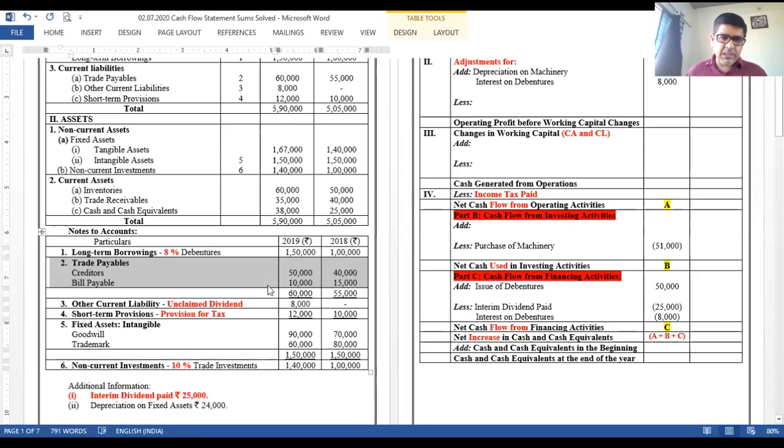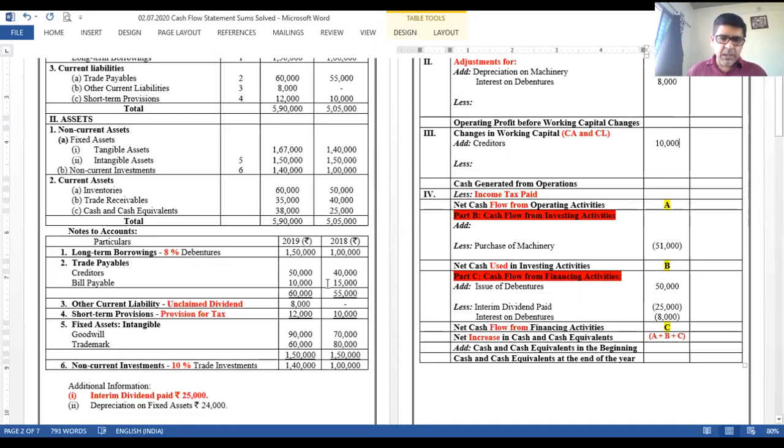Now current liabilities, trade payables, creditors has increased from 40 to 50. It was 40,000 earlier and now it is 50,000. Increase in liability, inflow of cash. So I'll simply go and add over there, creditors, amount 40 to 50, that's 10,000.